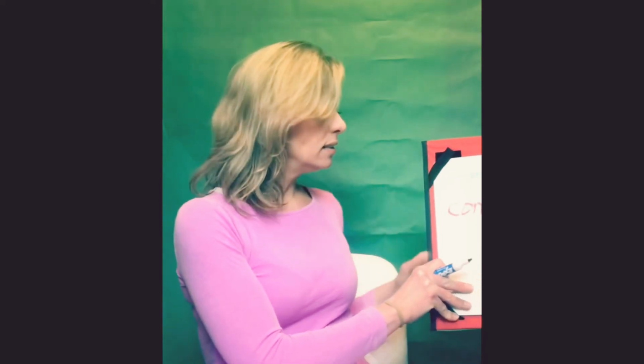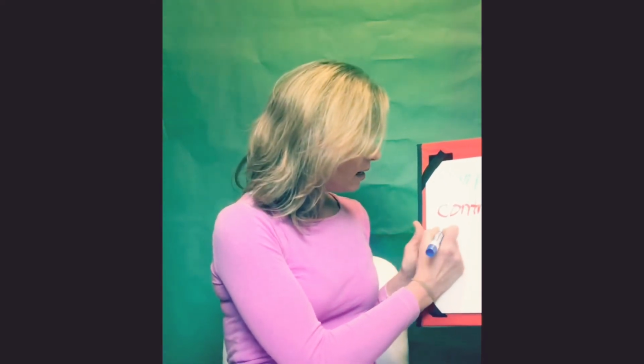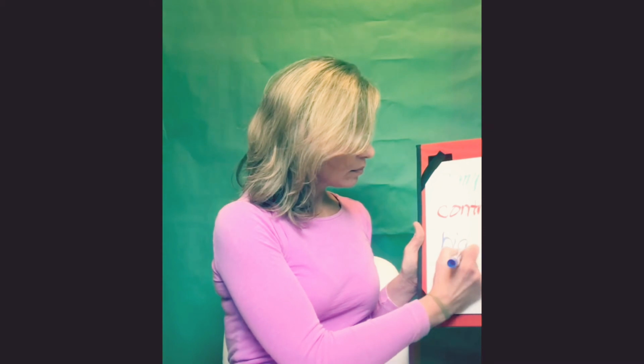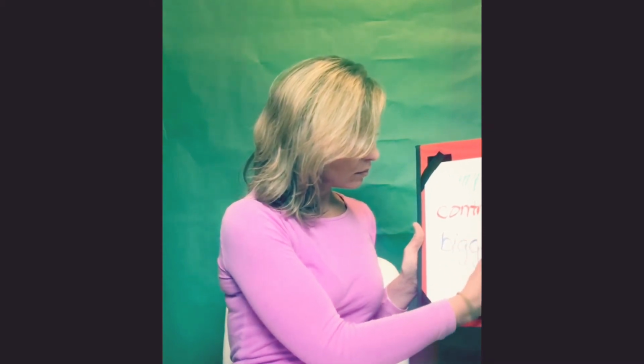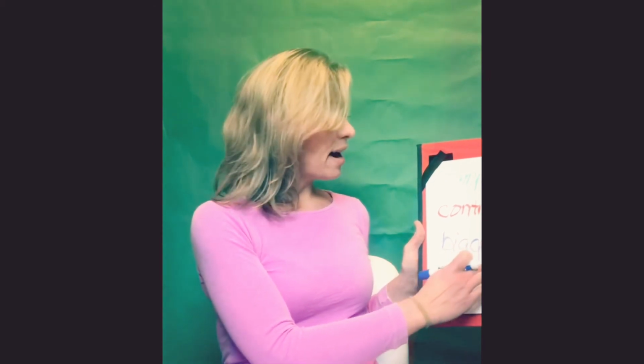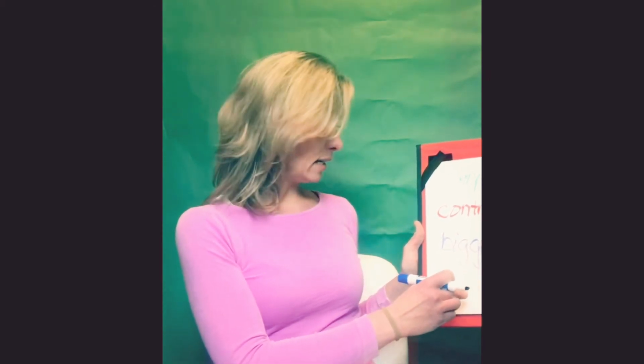So let's take a look at some of those comparative words using suffixes like ER and EST. So words like bigger, identify your suffix ER. That means it's comparing two things.